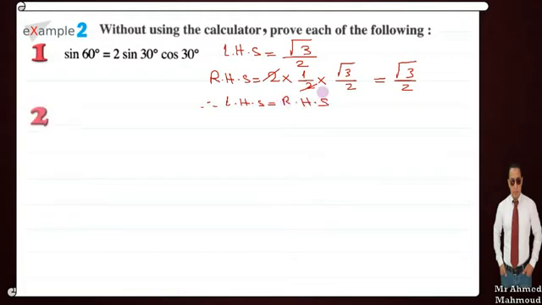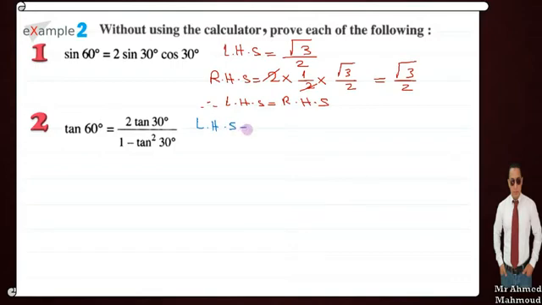The next one. Here we have tan 60, the left hand side, equals tan 60, which is square root 3.